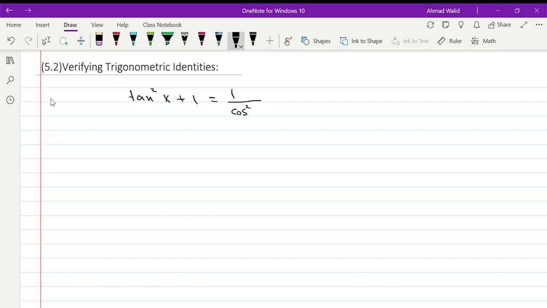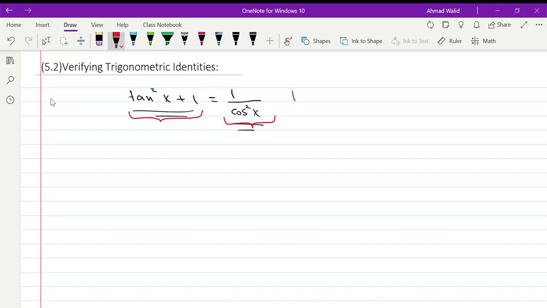I don't know if this side is equal to this side, if both sides are the same, correct? That's why they are asking you to verify if it is an identity, if the left side of your equation, which is tan squared x plus 1, is the same as your right side of the equation, 1 over cosine squared x, correct? Verifying means to check if it's an identity.